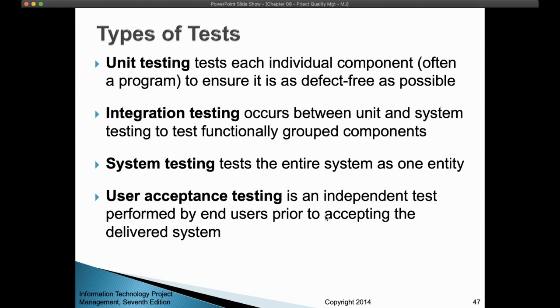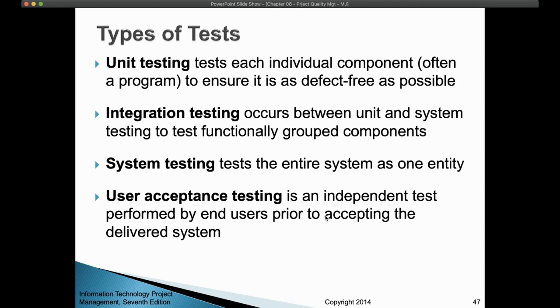Then you need to join these components. So here you have to do integration testing. Integration testing occurs between unit and system testing. So you are joining all these units, okay, and checking their functionality, when they work together as a set or a group of units.